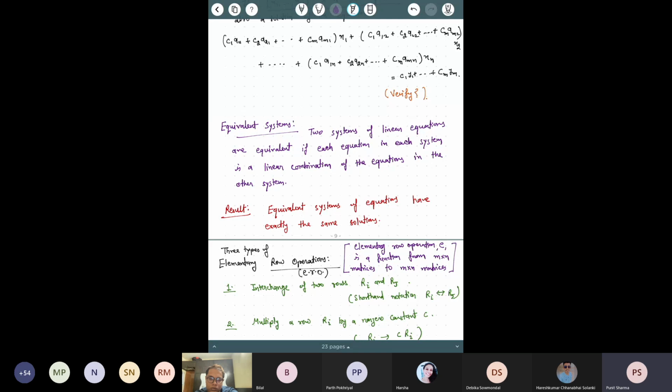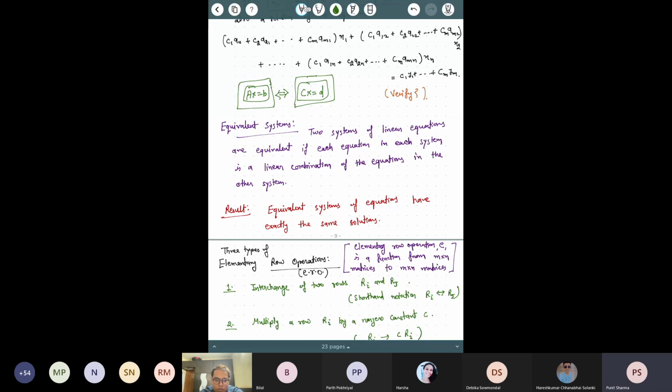So if I have, let's say, two systems, Ax equal to b and Cx equal to d, then I say that these two systems are equivalent if and only if every equation here can be written as a linear combination of the equations in this one, and every equation in the second system can be written as a linear combination of the equations here.